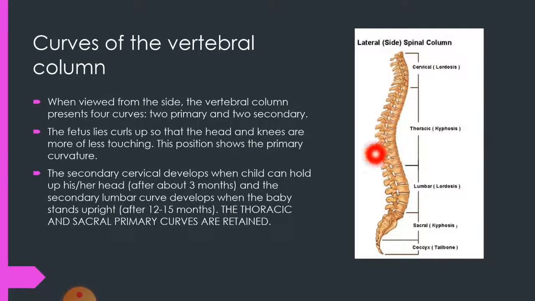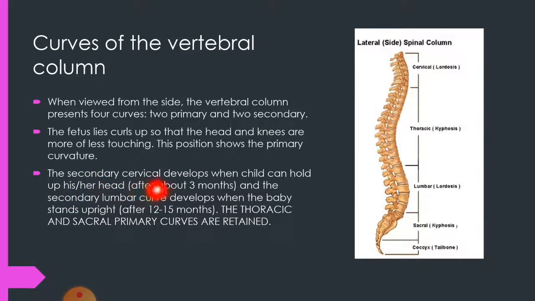The other primary curvature is this sacral curvature, and this is also kyphosis. So these are the two primary curvatures, sacral and thoracic. Cervical and lumbar are the two secondary curvatures.